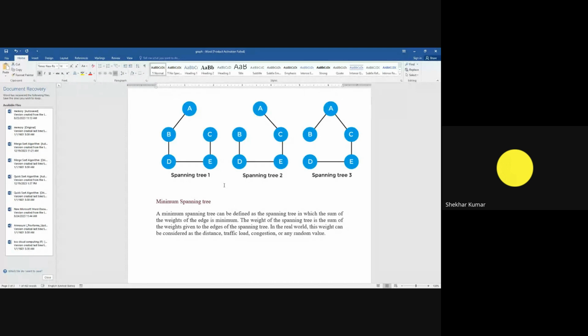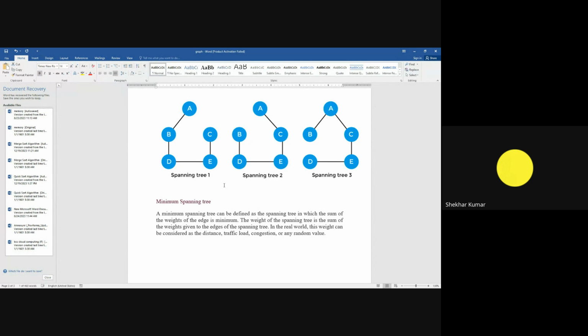So a spanning tree is a subgraph of a graph which will cover all the vertices, all the nodes. But in the spanning tree, there must be n minus 1 edges. The edges will be fewer than the number of vertices.